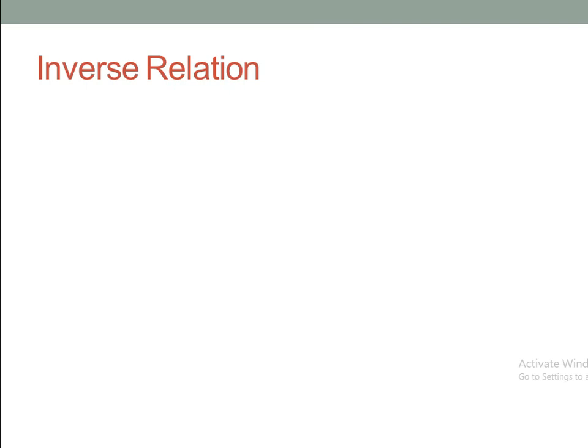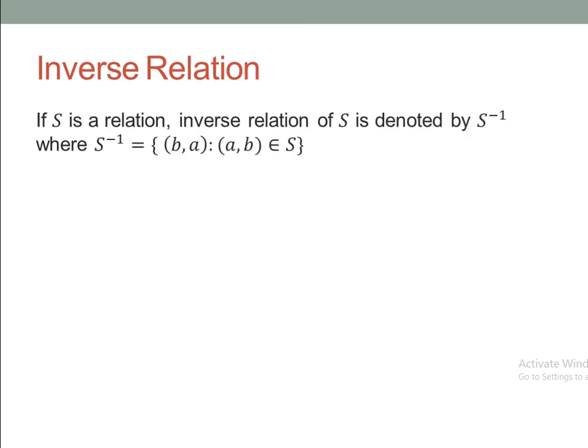The last topic of our class today is inverse relation. So, what is inverse relation? If S is a relation, then inverse relation of S is denoted by S superscript -1, where S^-1 is equal to {(b,a) such that (a,b) belongs to S}. What does it mean? It means that taking all the opposite ordered pairs, you can build up an inverse relation.